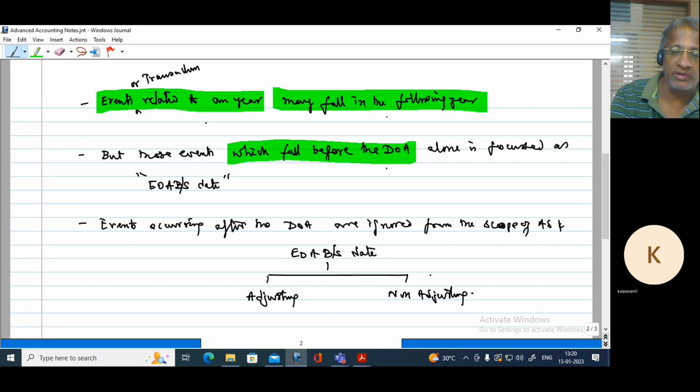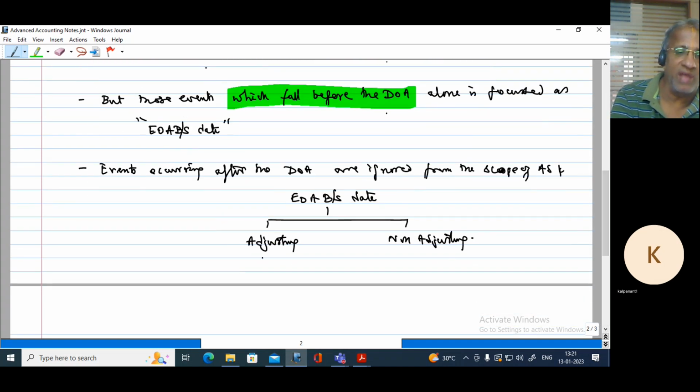The treatments are different. Adjusting events are adjusted in the books. Here, not adjusted in the books of accounts. What do you mean by adjusted and what do you mean by not adjusted?